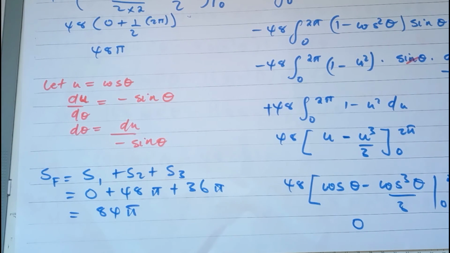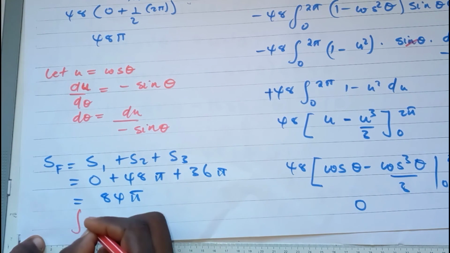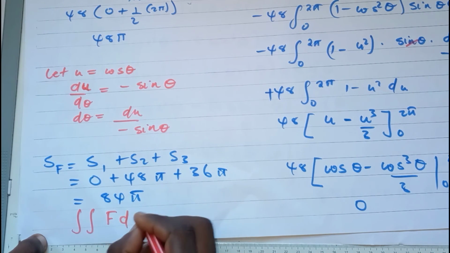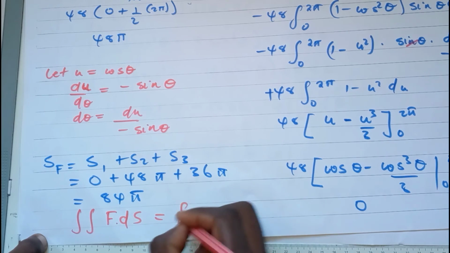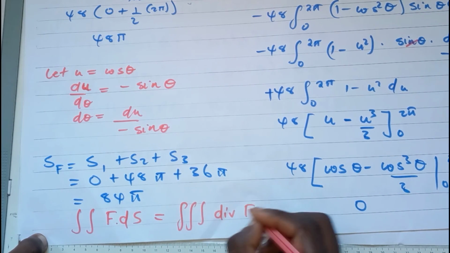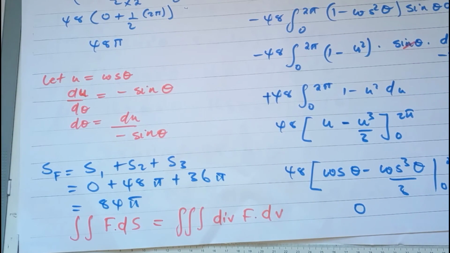So what does that mean? We know that when we use the divergence theorem we also have 84 pi, so our conclusion is that the surface integral of F dot dS is equal to the triple integral of the divergence of the vector field dV. So we have verified the divergence theorem.